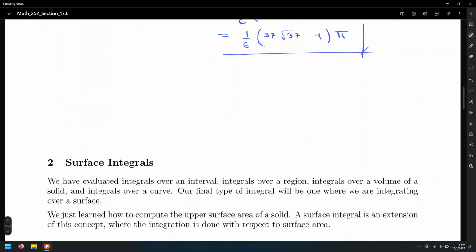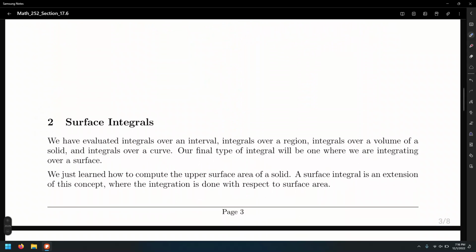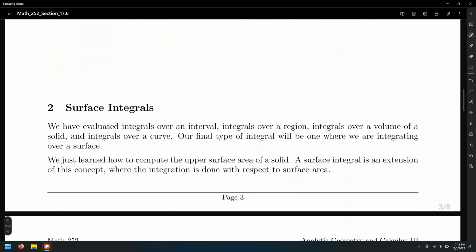Okay. Surface integrals. So now we're going to move on to those integrals that are not going to have a 1 in the integrand anymore. As a summary, we have evaluated integrals over an interval. That's the integral of f of x between a and b.